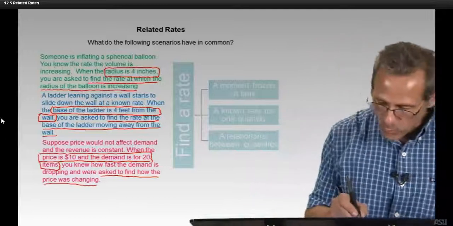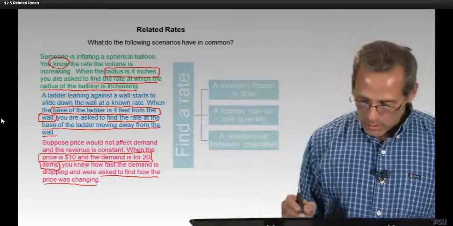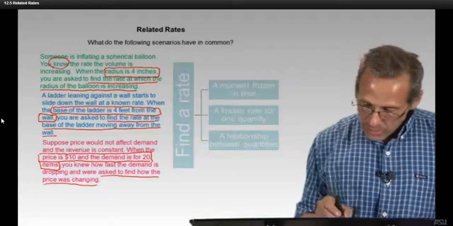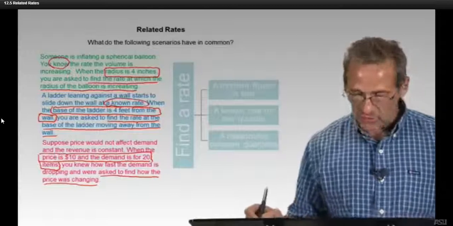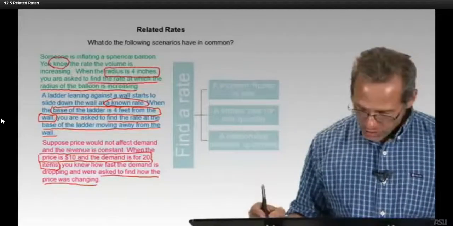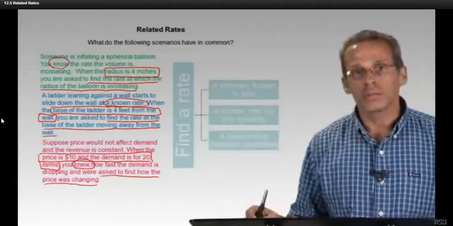In other words, we know the rate the volume is increasing. In the second case, we know the rate that the ladder starts to slide down the wall. And in the third case, we know how fast the demand is dropping.